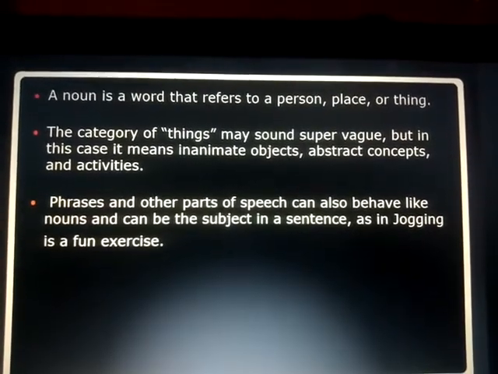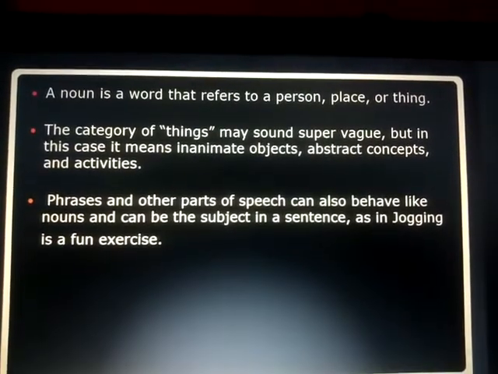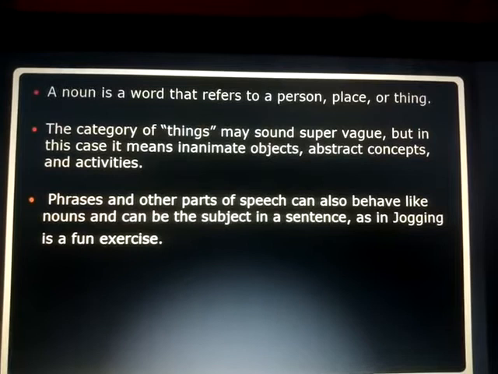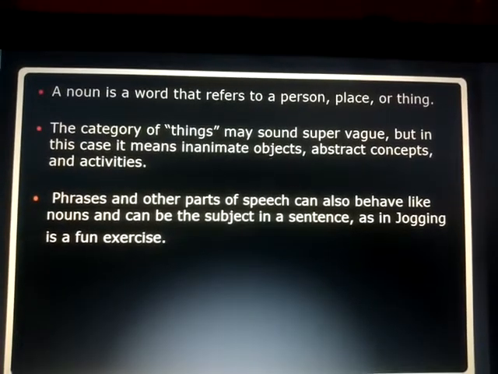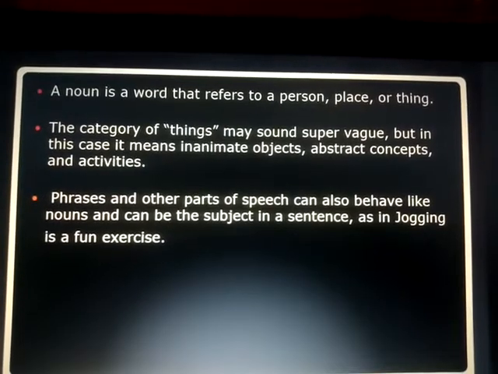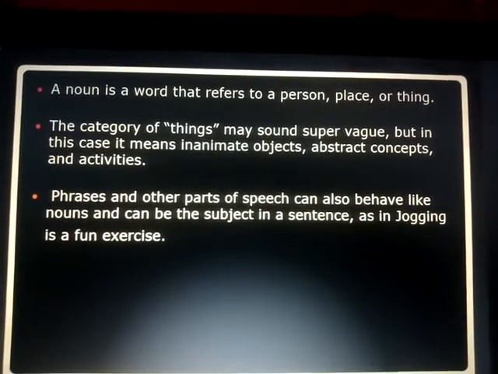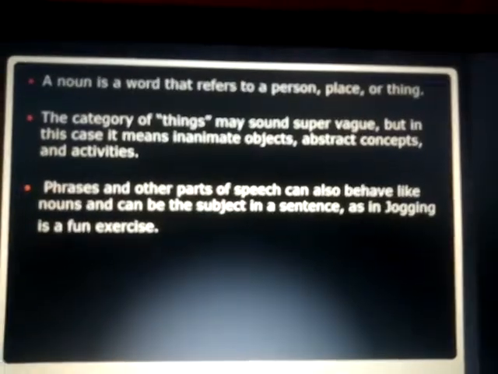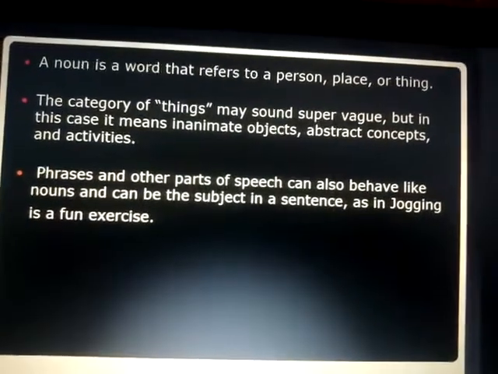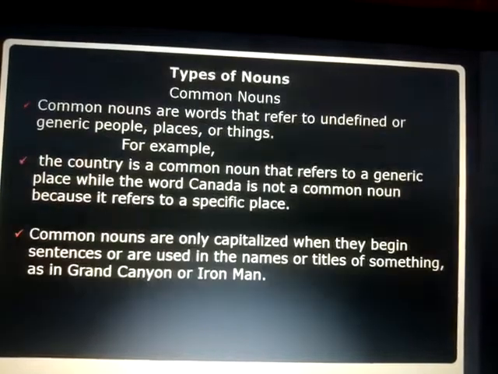Phrases and other parts of speech can also behave like nouns and can be the subject of a sentence, as in: juggling is a fun exercise.